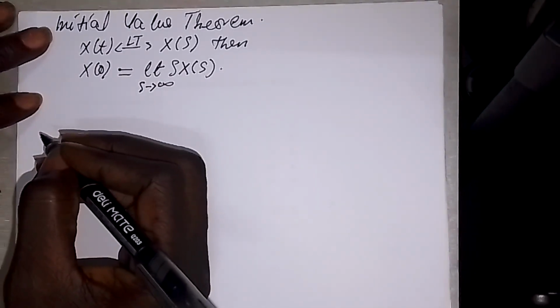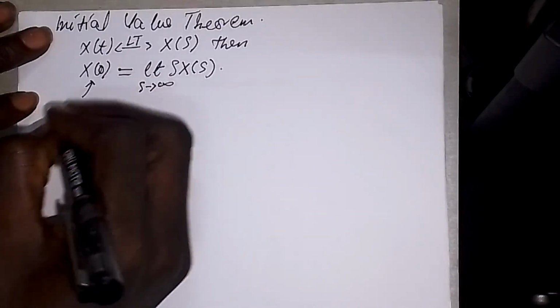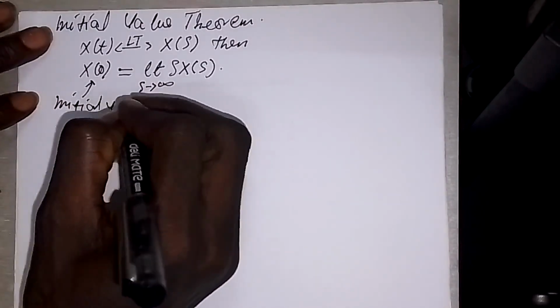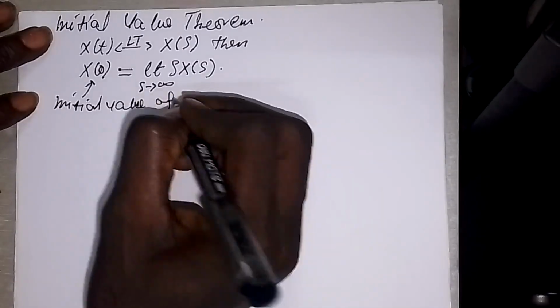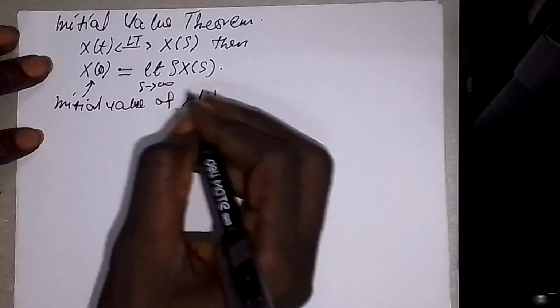This one is called the initial value of x of t.